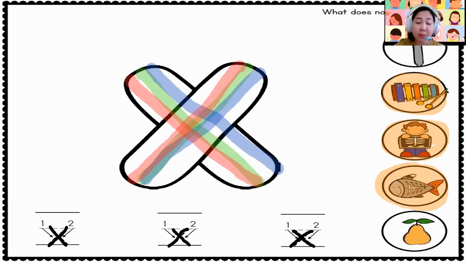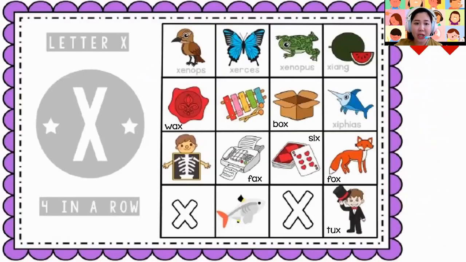Nail does not begin with the letter X because it begins with the letter N. We also have pear. Pear does not begin with the letter X because it has the p sound, which is the letter P. Did you finish your lowercase letter x? Very nice. We can now proceed to the next page.